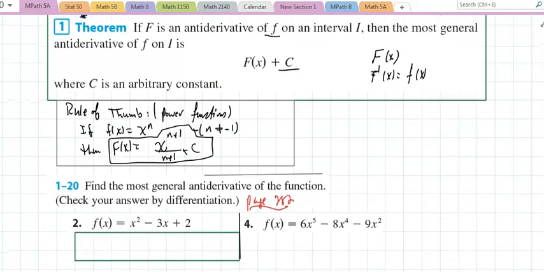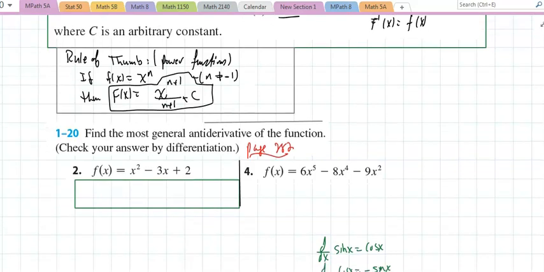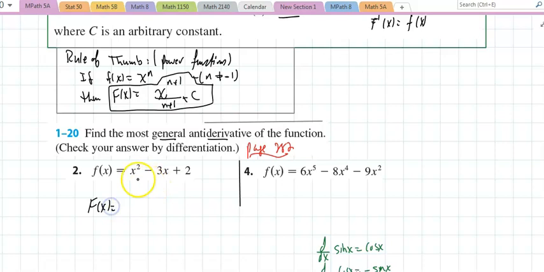Now I would like to look at some examples. I'm looking at page 282. And let me start with the first problem. Suppose this is the function. If I want to figure out the most general antiderivative, I would say F of x would be add 1 to the power, 2 plus 1 is 3, divide by that, minus 3 you ignore, add 1 to the power, divide by that, plus, what do you take a derivative of to get a 2?